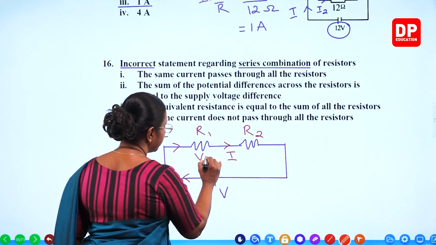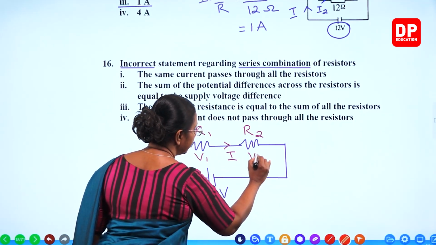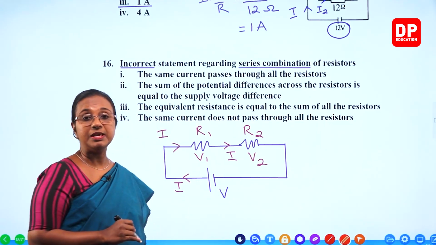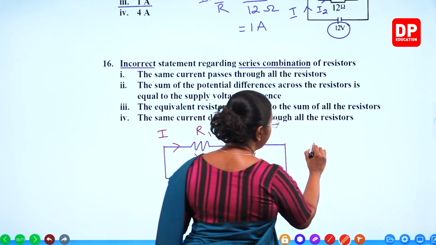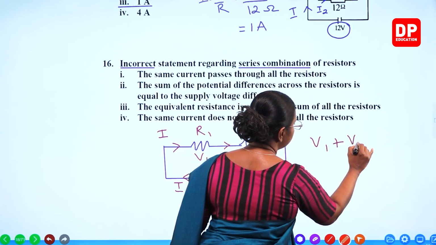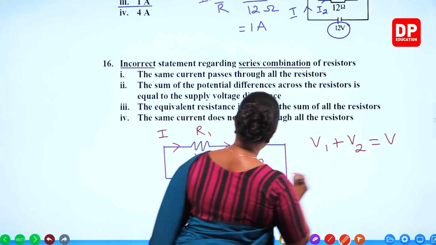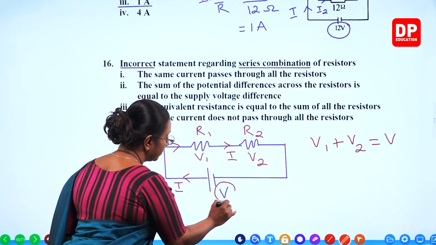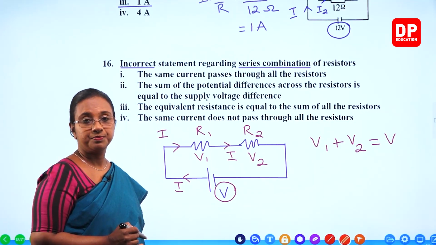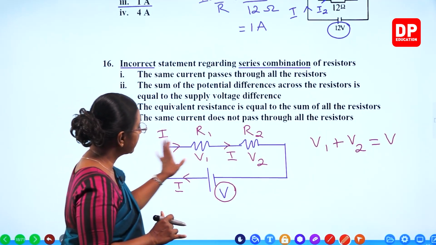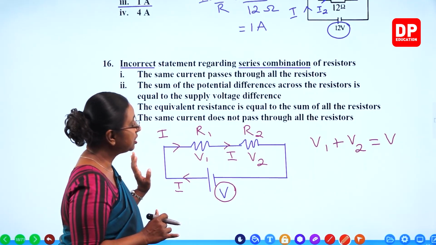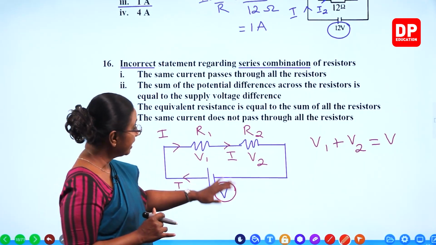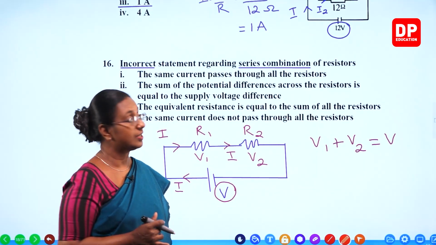So here the potential difference will be V1, here the potential difference will be V2. So V1 and V2 together will be equal to the potential difference of the power supply. Is that clear? So this is information that you already know. So based on this, you answer the question.